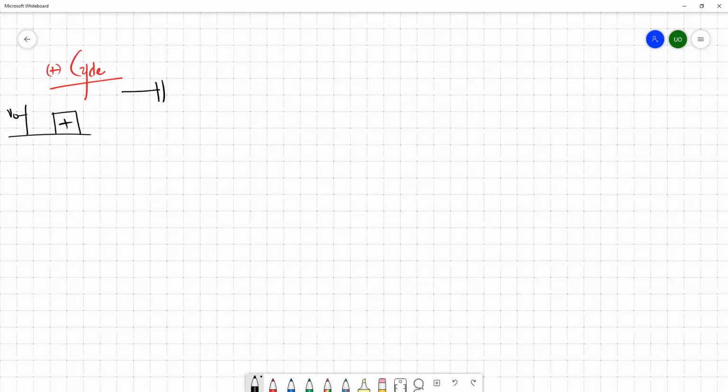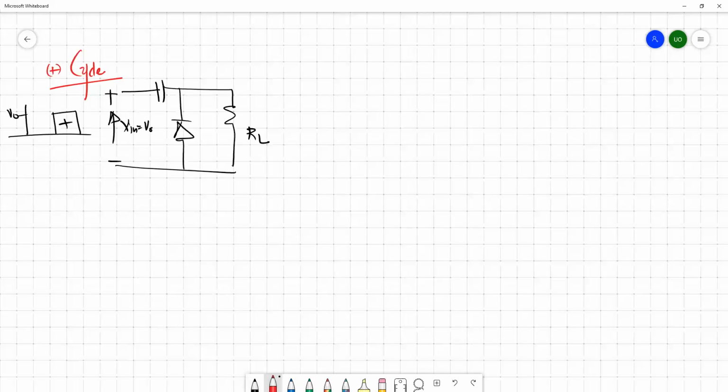We have a capacitor, a resistor, and a diode, and we apply this kind of voltage. This is V in, which equals V0, and this is the diode. Once we change to the positive polarity, this capacitor is already charged up to V naught.